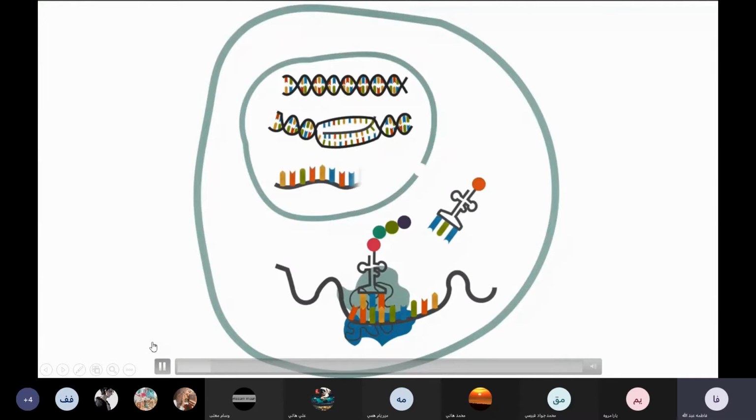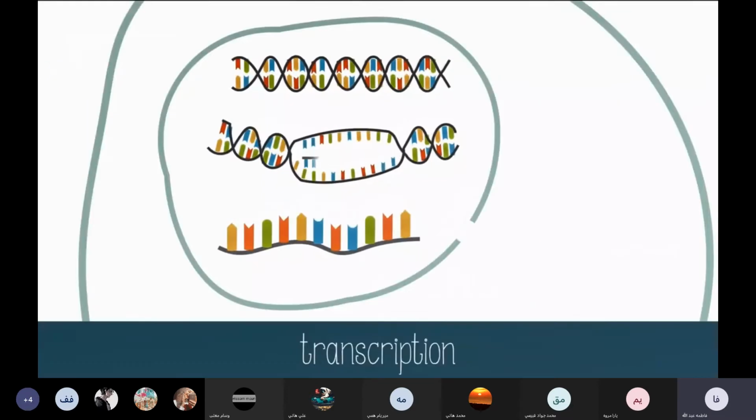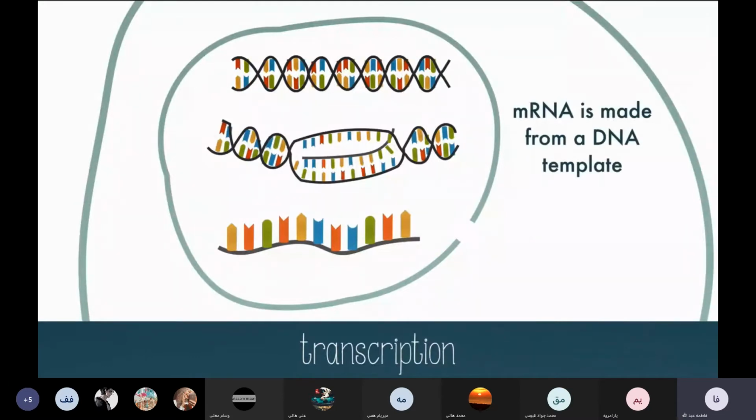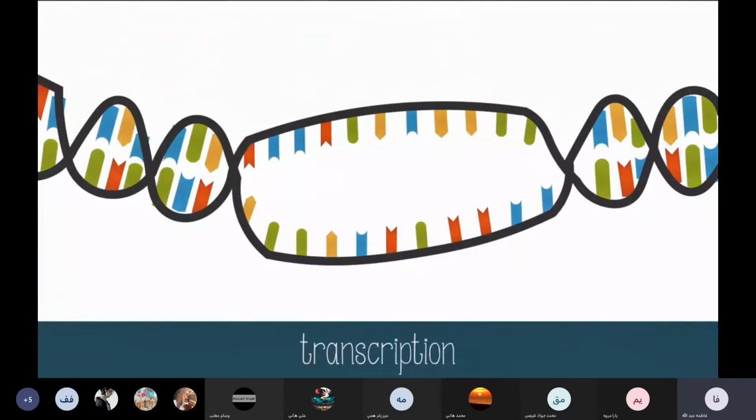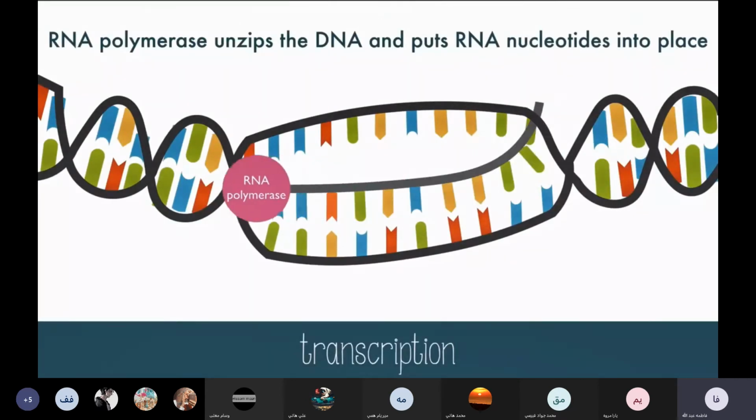cytoplasm, a copy of the small necessary section of DNA will be made. The copying process is called transcription, and it occurs in the nucleus. It's the first step in protein synthesis, the process of making protein. The second step is called translation. A portion of the DNA is unzipped so that the mRNA can be made from the DNA like a template. That's transcription. Nucleotides of RNA match with one strand of DNA and make mRNA. RNA polymerase unzips the DNA and puts RNA nucleotides into the right place.